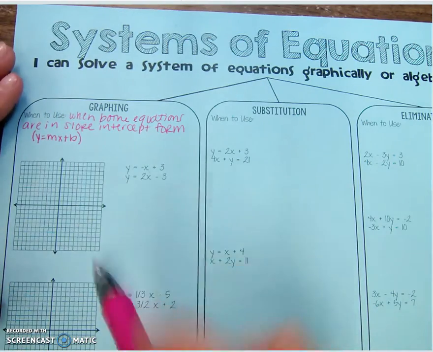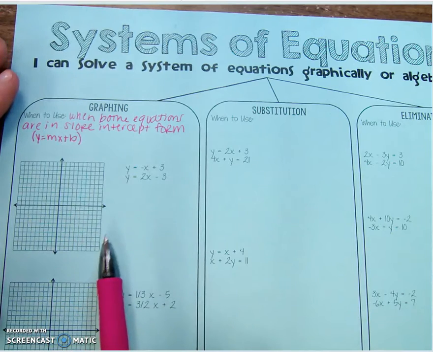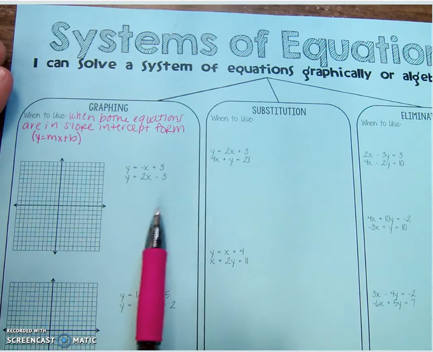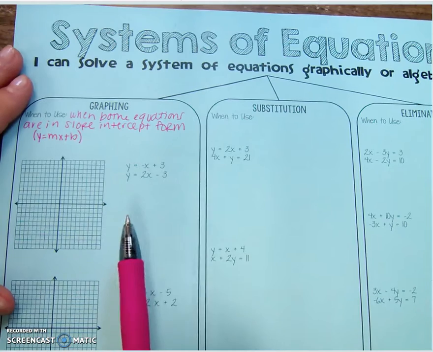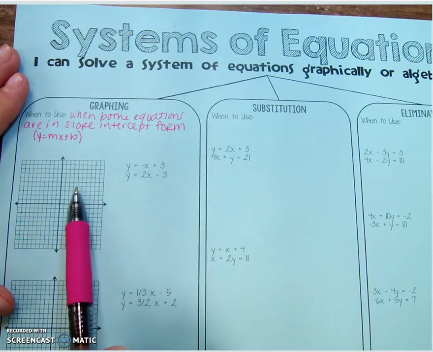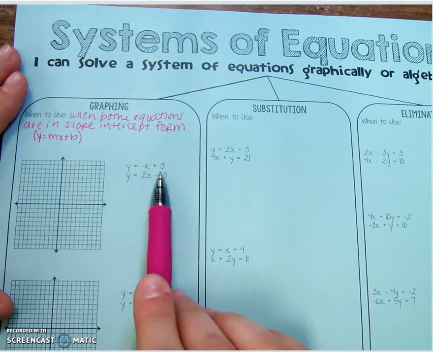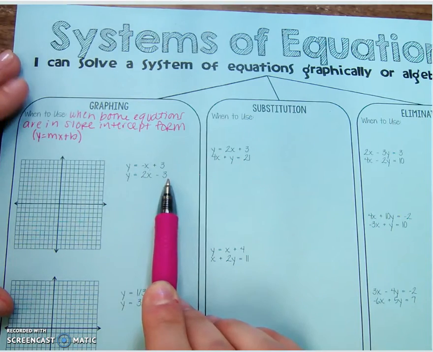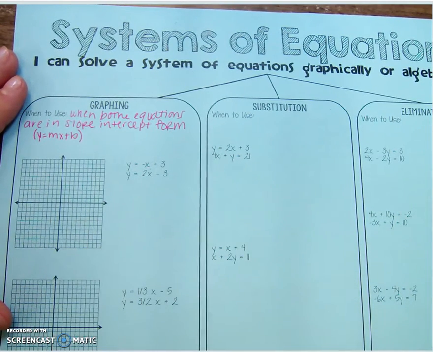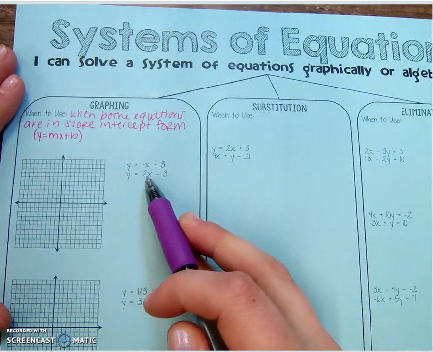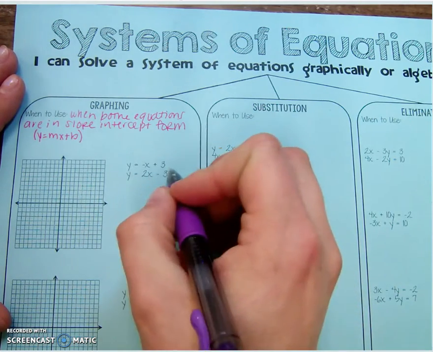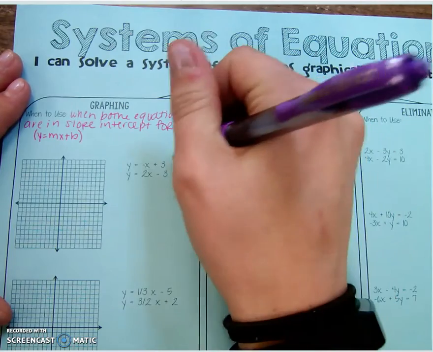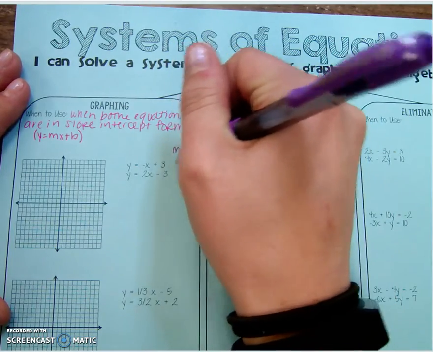Typically, you'll have a calculator, more than likely. On the off chance that you don't, we know when we have two equations in slope-intercept form, they make two lines on my graph, so I can just go ahead and graph those lines and see where they intersect. We have our slope and our intercept.